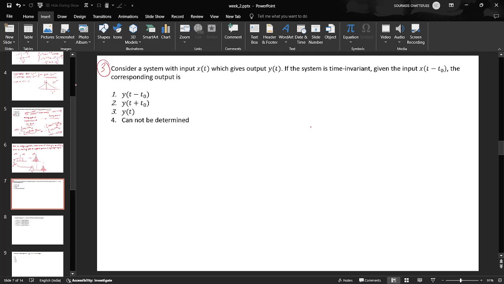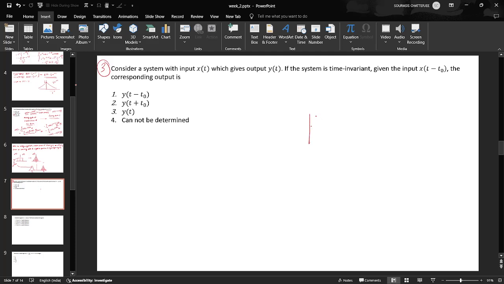If the system is time invariant and you feed some delayed version of the signal, that is x(t minus t naught), delayed by t naught, can you guess the corresponding output y(t), like whether you will see a similar delayed output or not?